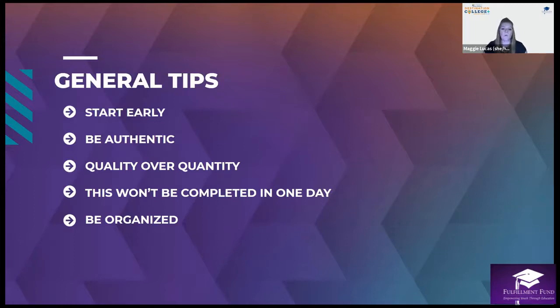And so in approaching that long-term project, you want to be organized. And this is a great time to figure out, if you don't already know, what you need to do to be organized. Are you someone that likes spreadsheets? Are you someone that prefers a physical journal to write things down in? You want to use a Google Doc, notes app on your phone, right? What is it that keeps you on track and keeps you organized?